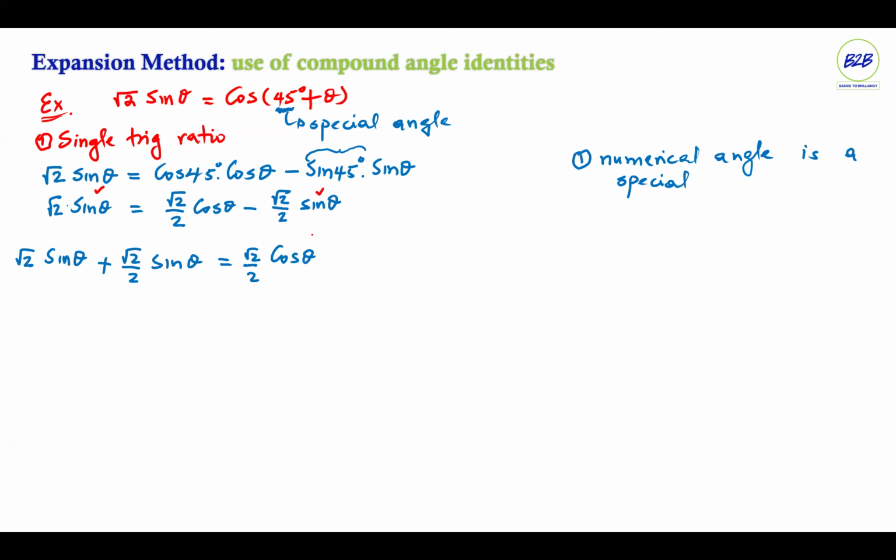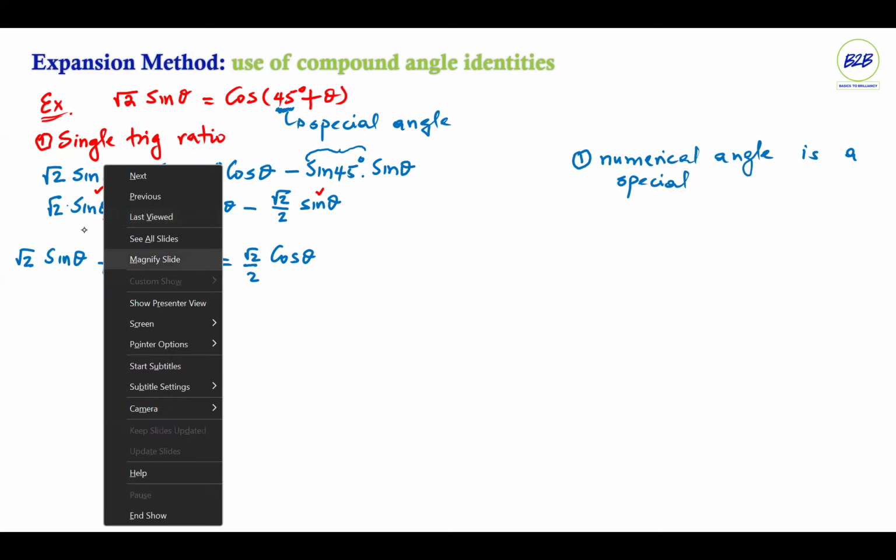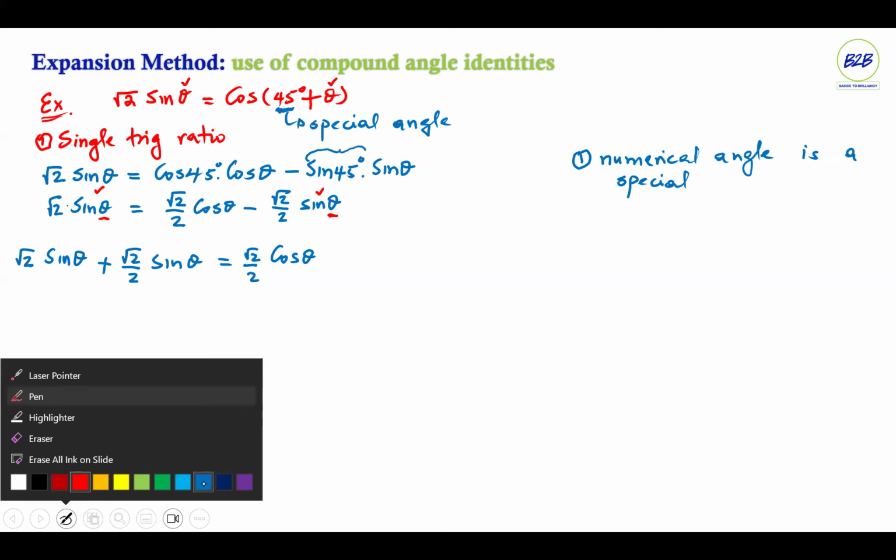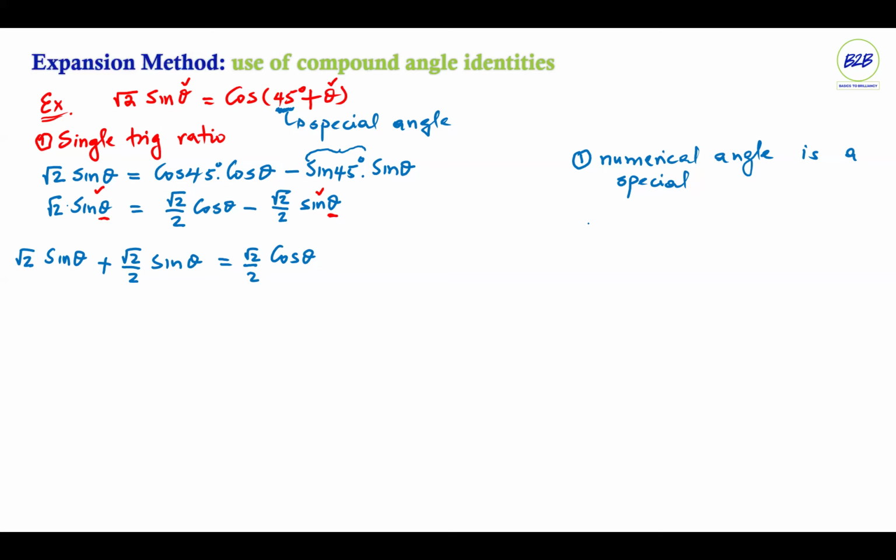What makes them like terms is that the angle of sine here is theta and the angle of sine there is also theta. Where does that come from? Even at the beginning, we had theta there and we had theta there as well.